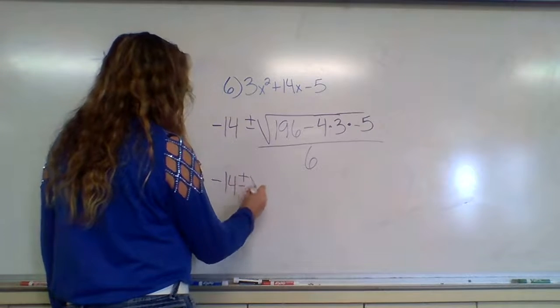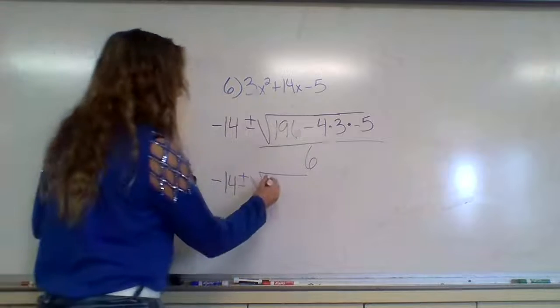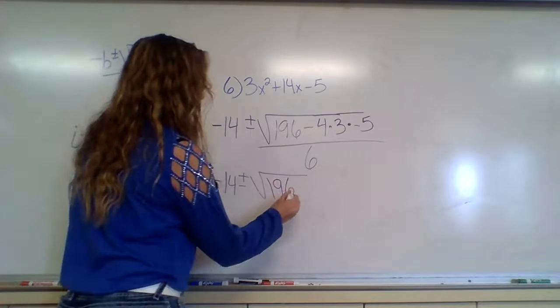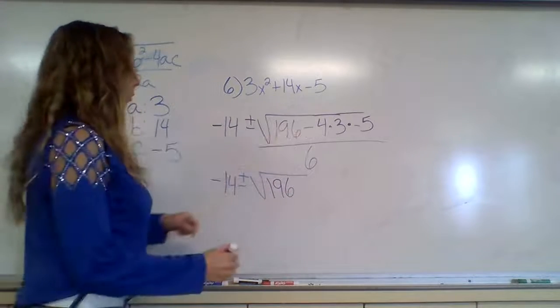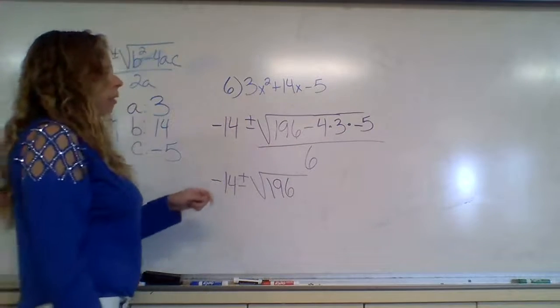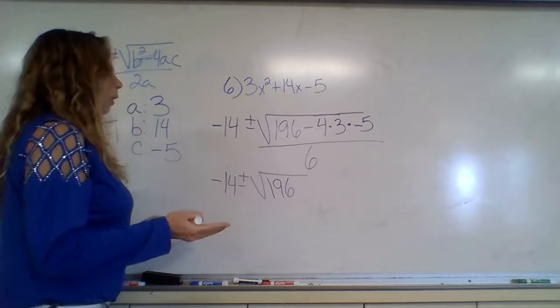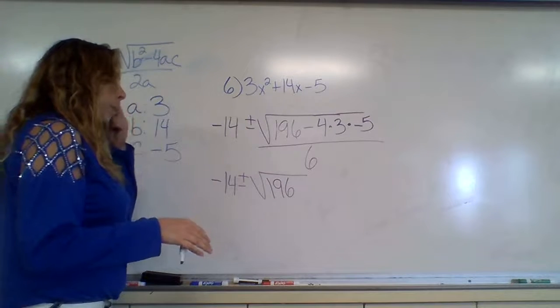-14 plus or minus. Let's deal with this stuff. I have 196. Be careful with your signs, please. If you get the wrong sign here, it's going to mess up the rest of your problem.